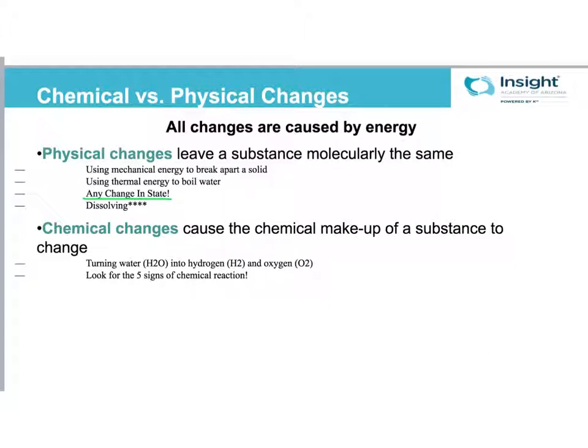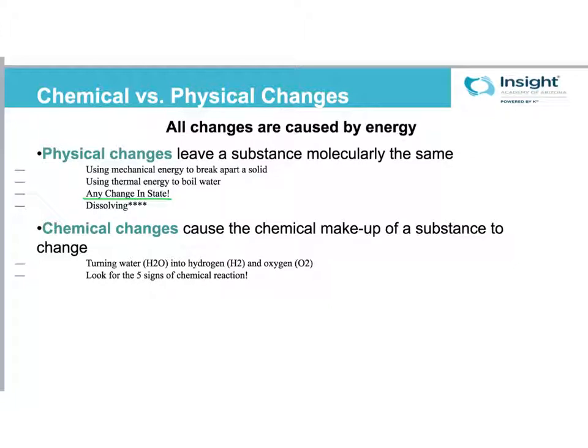Another thing that is also a physical change, and I put a bunch of stars by this one because a lot of students make a mistake with it: dissolving is a physical change. We've talked before about sugar water. If you dissolve sugar in water, it still tastes sweet, so you know the sugar is still there. The sugar didn't become something else. Same thing with salt water.